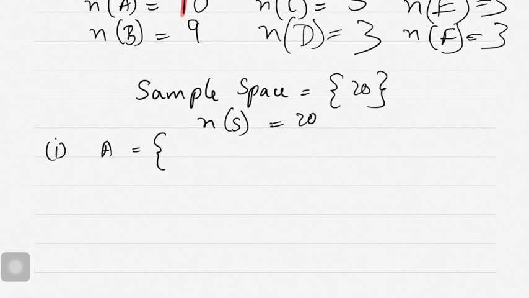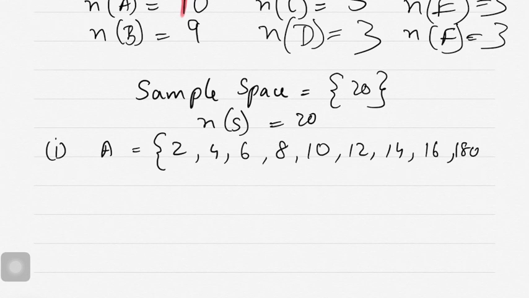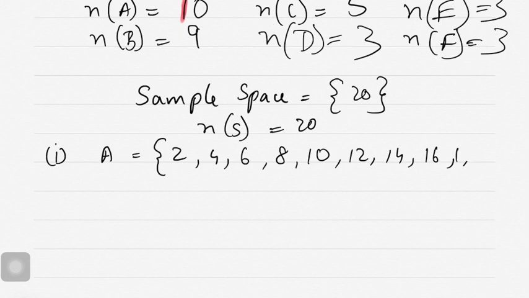So my event A is equal to, the ball is bearing an even number. So the even numbers are 2, 4, 6, 8, 10, 12, 14, 16, 18 and 20.